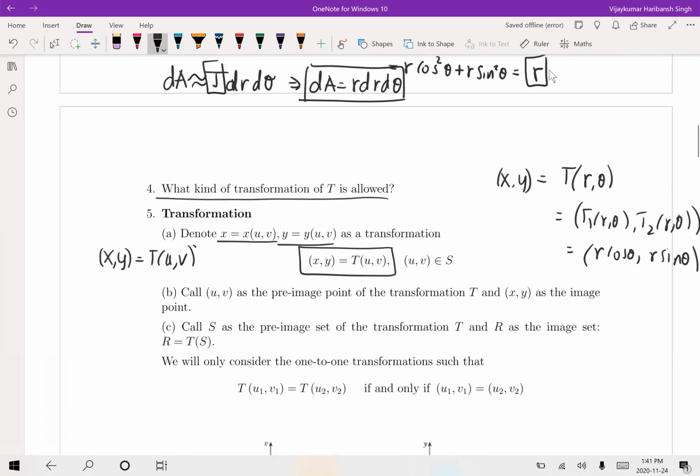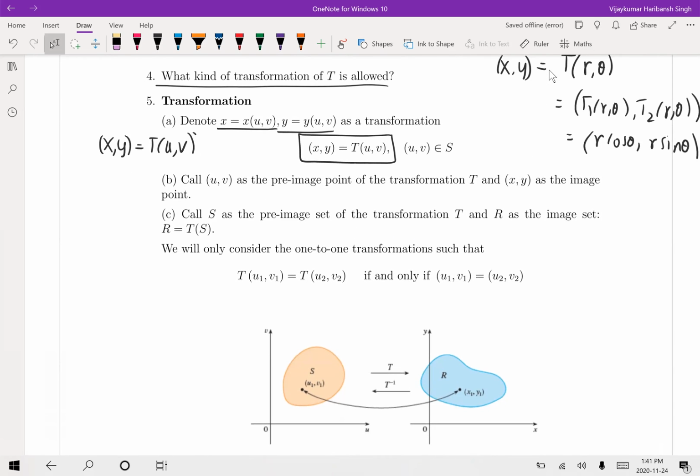So here's the transformation. So you have x is a function. So if you take T of u1, v1, you have x1, y1. And then the inverse function, T inverse, will take x1, y1 back to u1, v1. Yeah. So to define this inverse, we need T to be a one-to-one function.